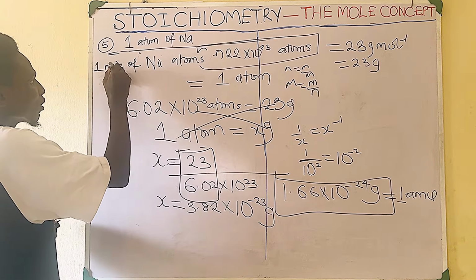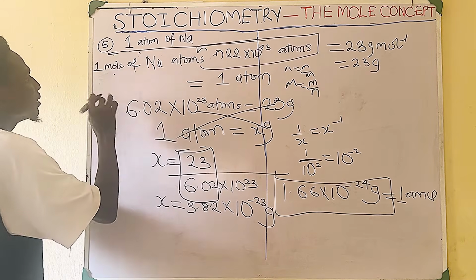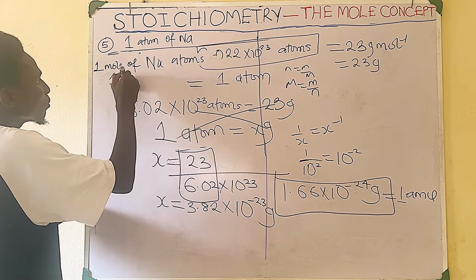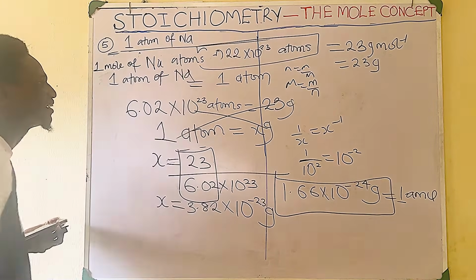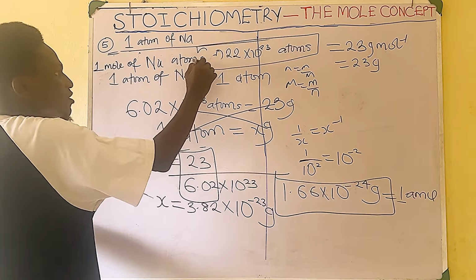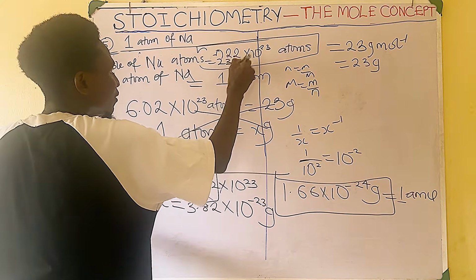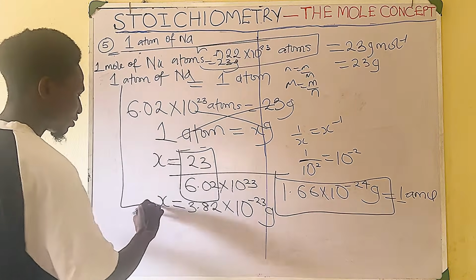Then I have 1 atom of sodium. There are two different things entirely. So this one will give me 23. Why does this one give me this one?